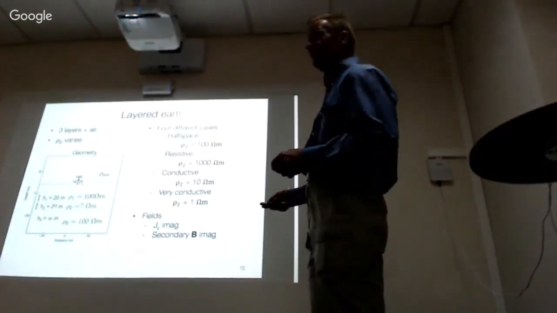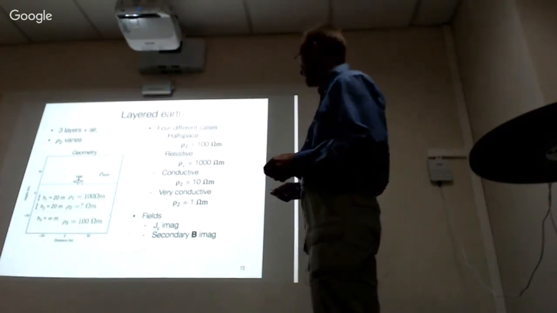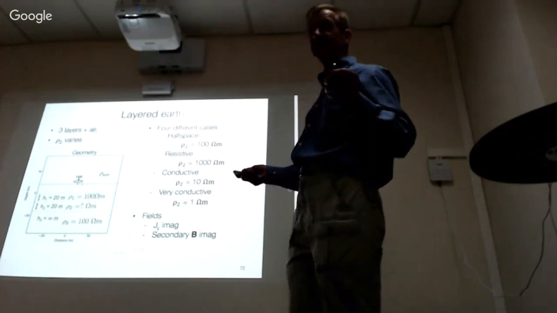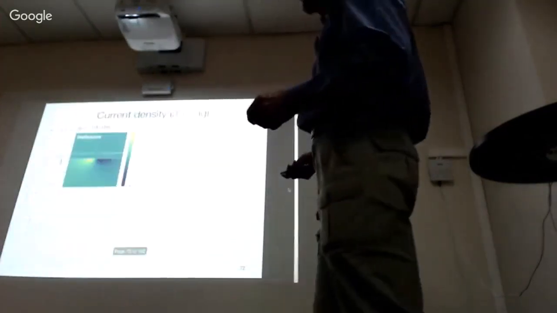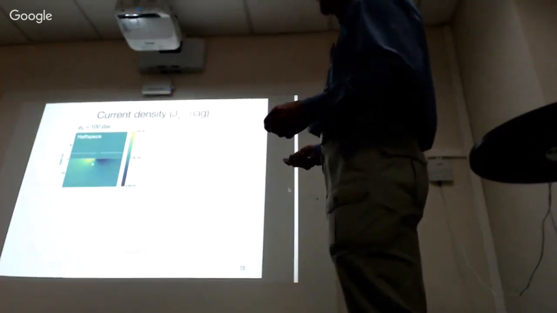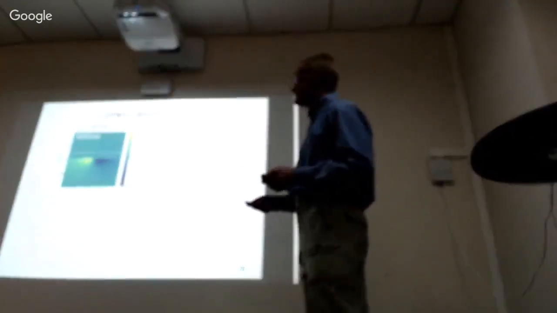Again, if we look at the layered Earth, same as we had done before, we should anticipate that we see the same types of results. Here was the primary current with just a half space.